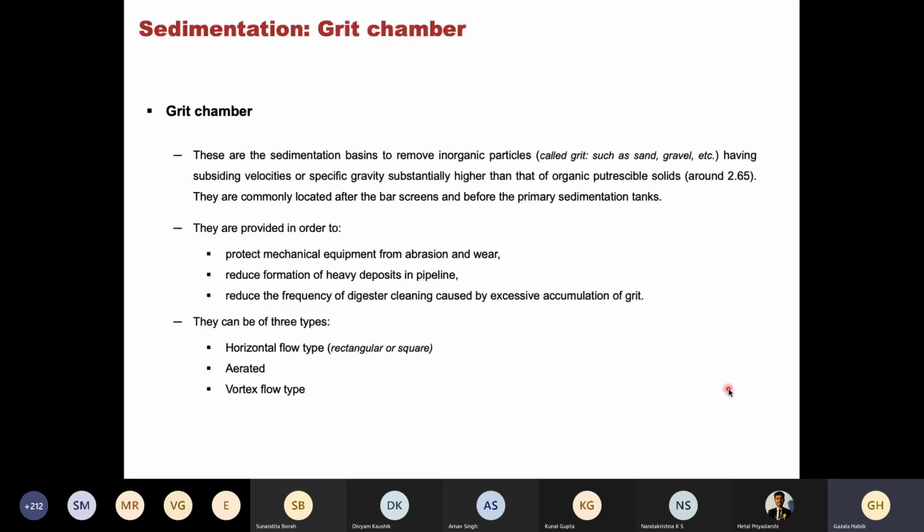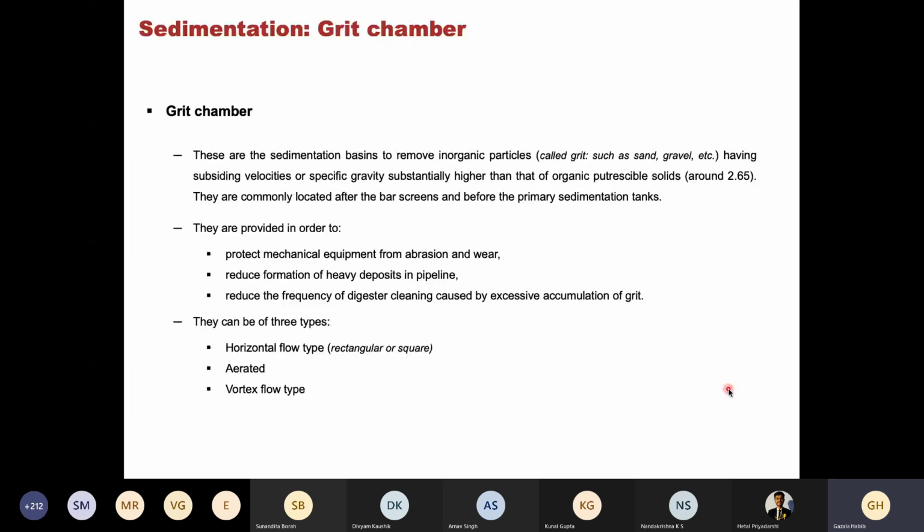They are heavy enough and settle down very quickly, having settling velocity or specific gravity substantially higher than that of organic solids. They are commonly located after the bar screen, which we have seen already.